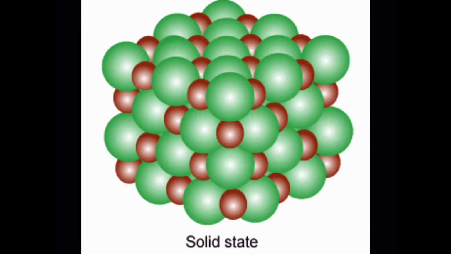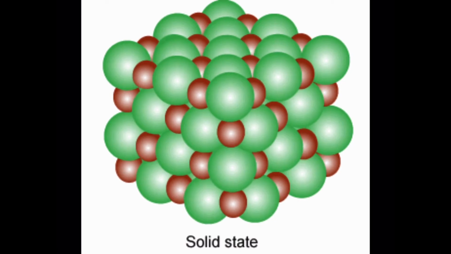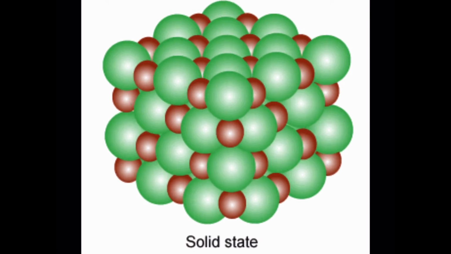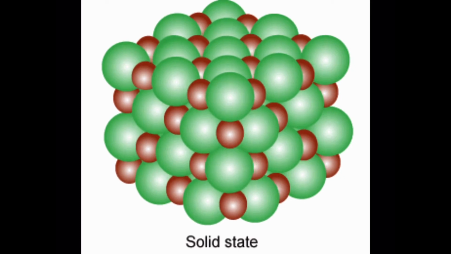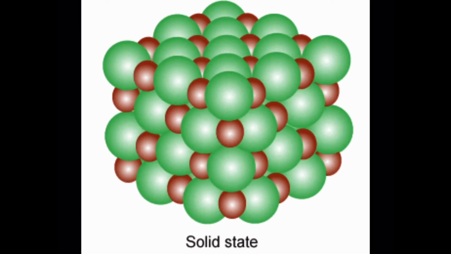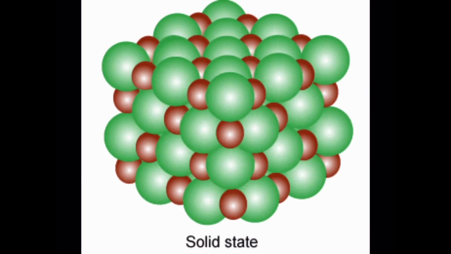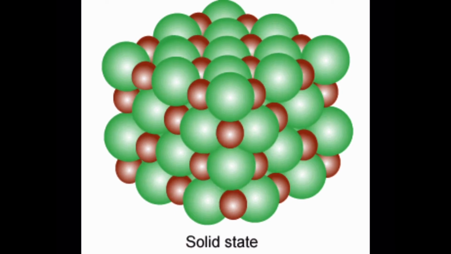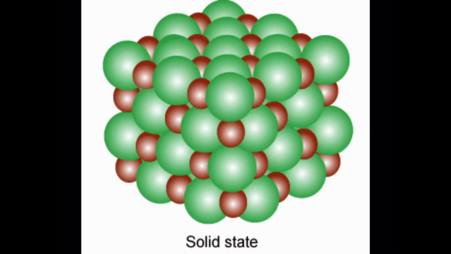But the point we're trying to make here is that ionic compounds can only be electrolyzed when they are molten or dissolved in water, simply because in a solid state, the ions are held in fixed positions due to strong electrostatic forces. This type of exam question does tend to come up a lot, asking why solid sodium chloride cannot be electrolyzed.